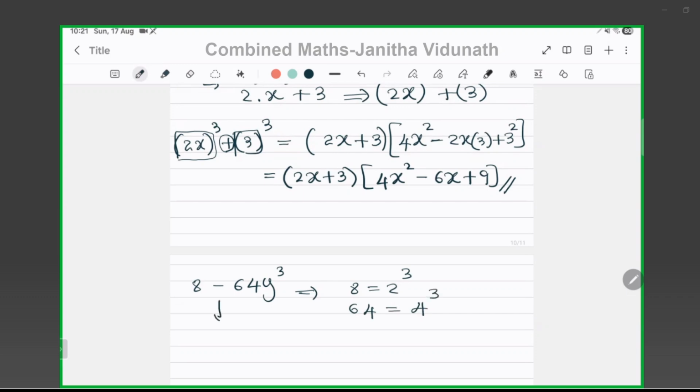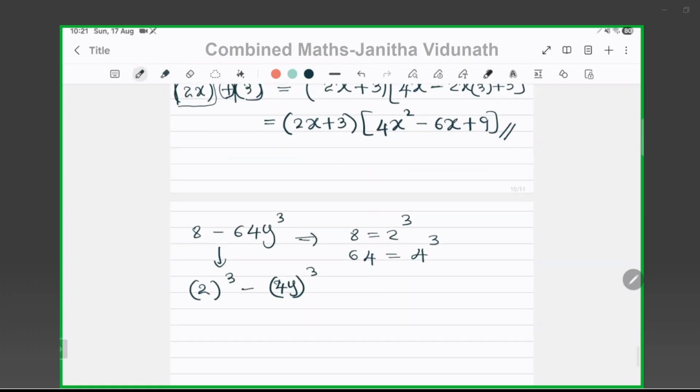Then we can rewrite this question as 2 to the power 3 minus 4y to the power 3. Then simply we can factorize this as first term minus second term.